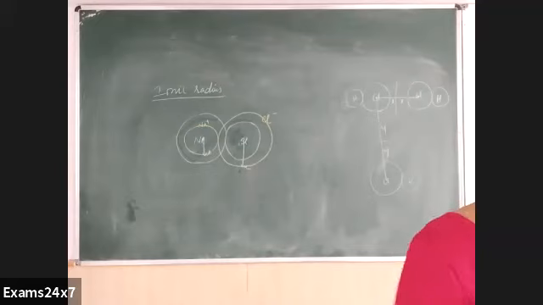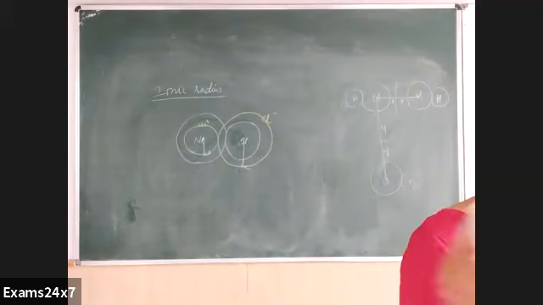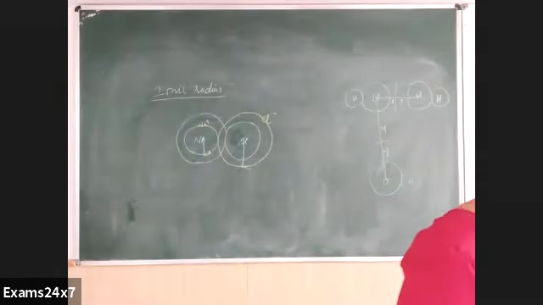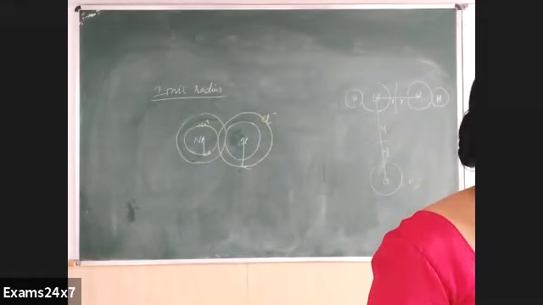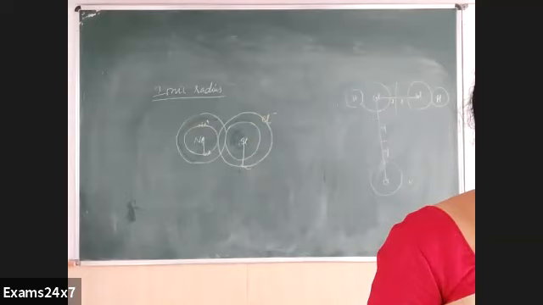Along the period, atomic size decreases from left to right because electrons are added to the same shell. What would happen to the effective nuclear charge?